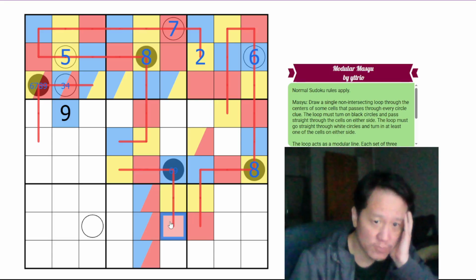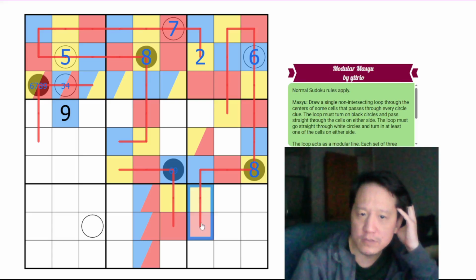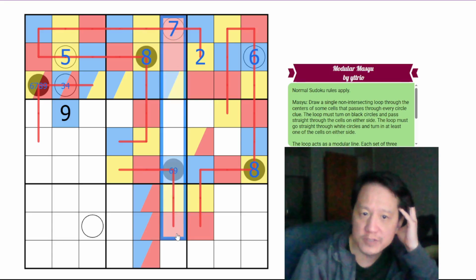How does that work? This cannot connect, so this has to, well... So we have 3 reds in column 6, so the rest of them cannot be red. We have blue and yellow. This is blue and yellow.